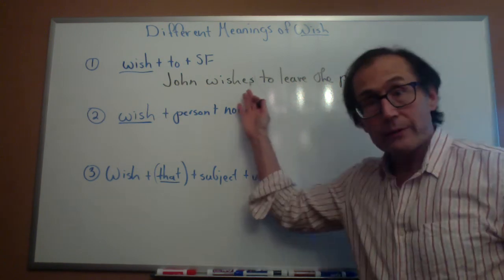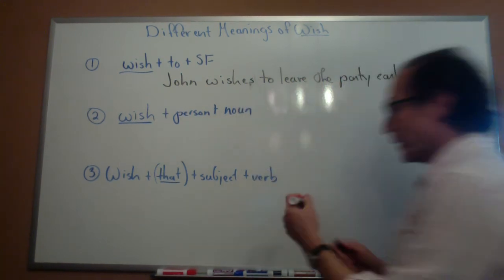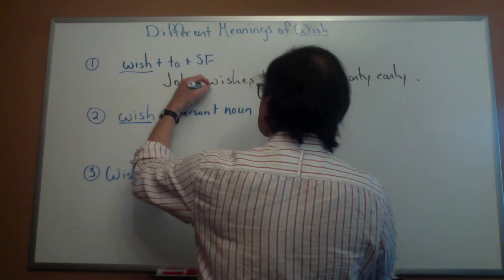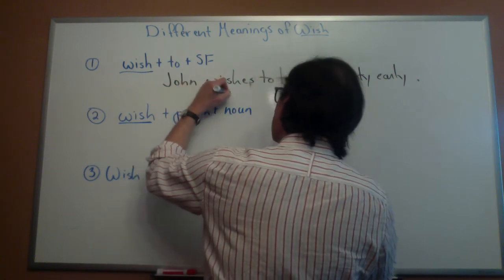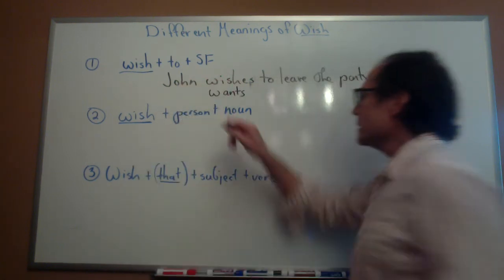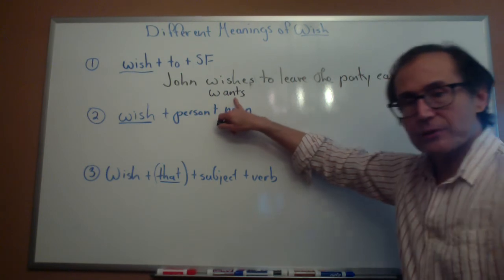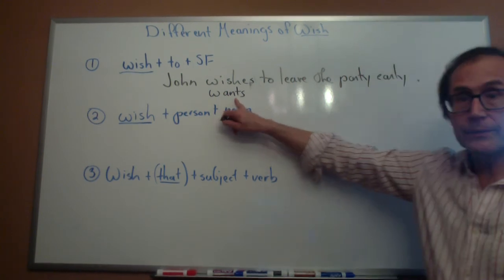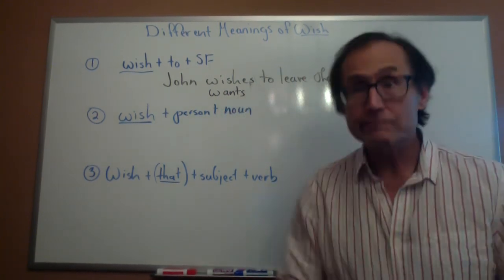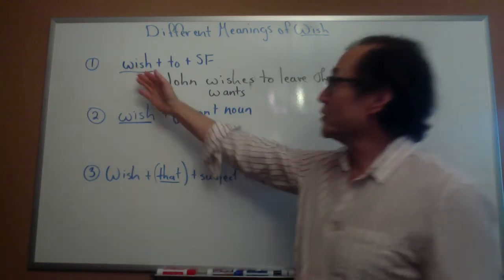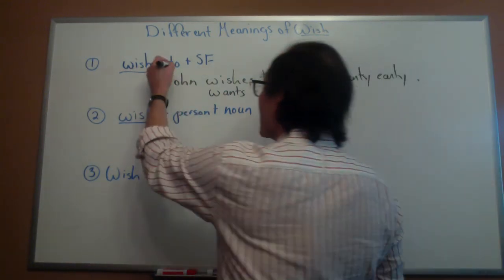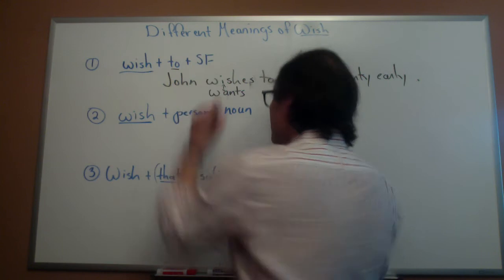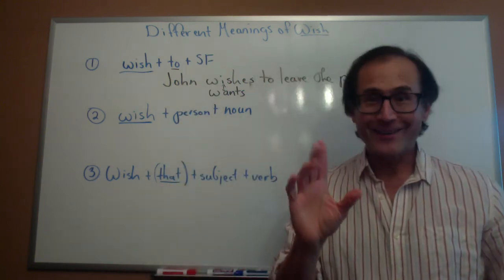Now, you might look at this sentence and think, I wonder, how is that different from John wants to leave the party early? The answer is, when I use wish plus to and simple form, wish and want mean the same thing, okay?